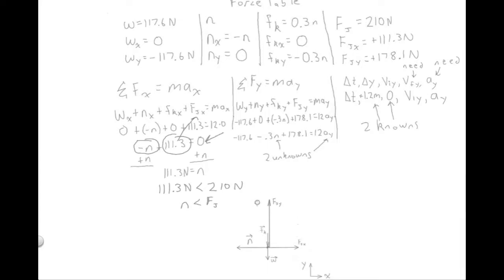It's only the magnitudes that are equal. So try to be precise in your terminology. Remember, this symbol does not indicate the direction of the normal force. This symbol only indicates the magnitude of the normal force, and that's the thing that's equal to the magnitude of the x component of the pushing force.